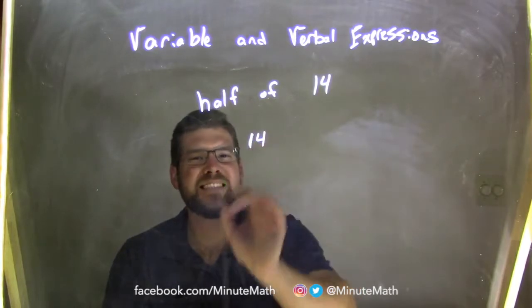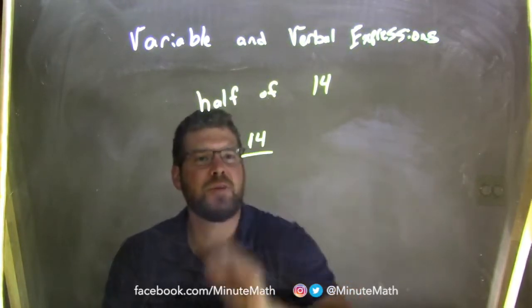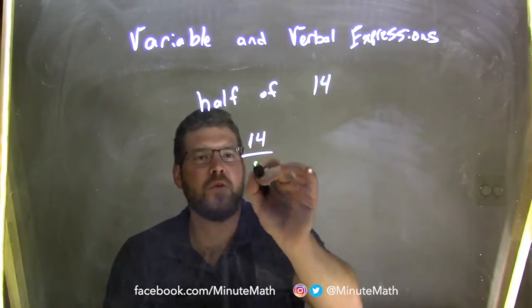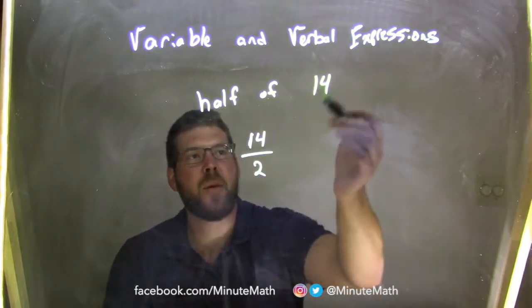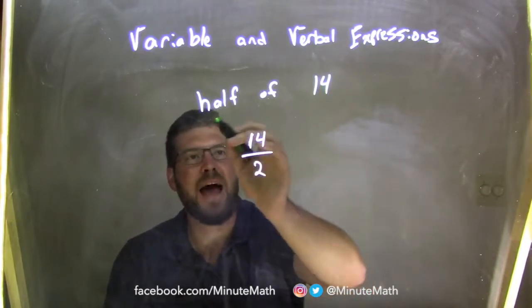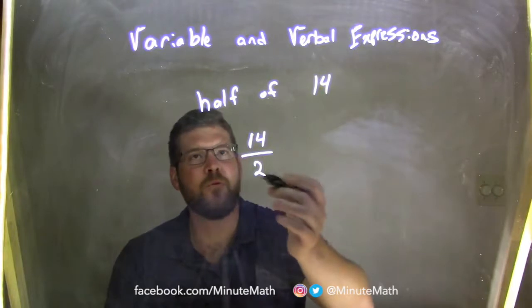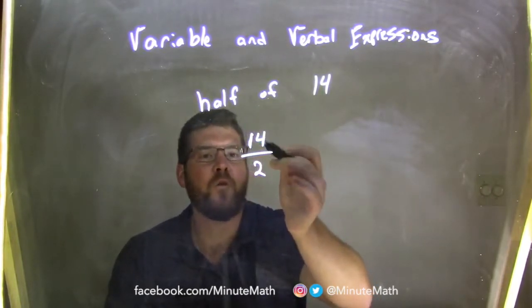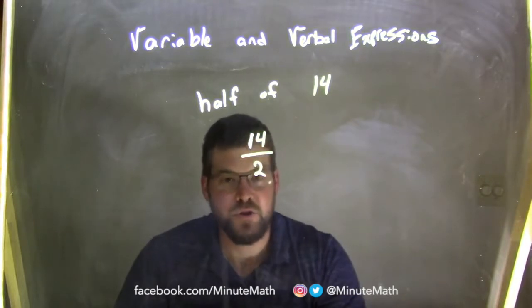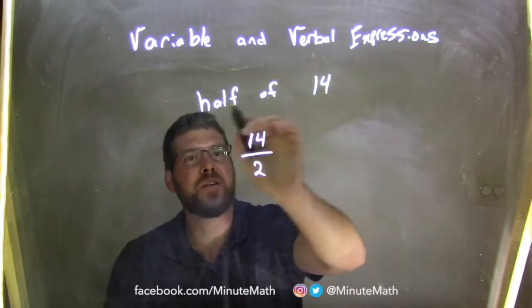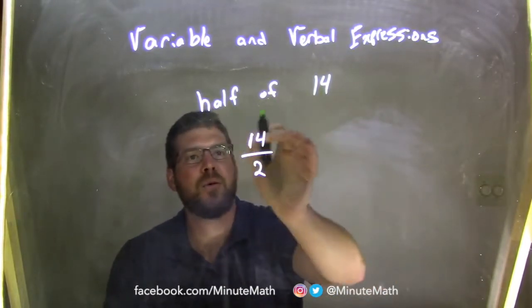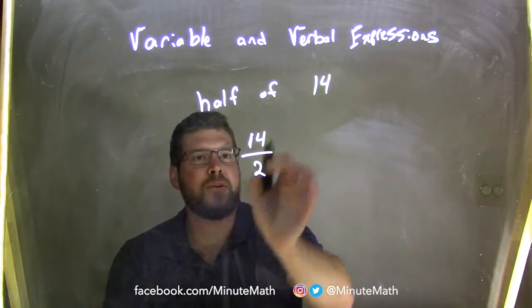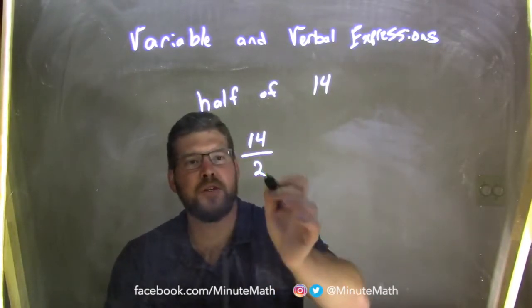That number 14 is cut in half, divided by 2. Our symbol for division here, 14 over 2. So half of 14 can be written as this variable expression, 14 over 2.